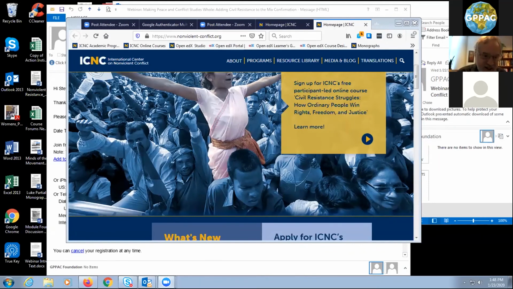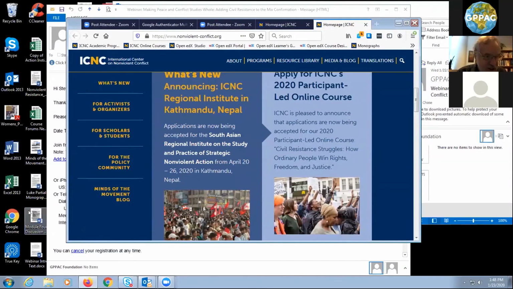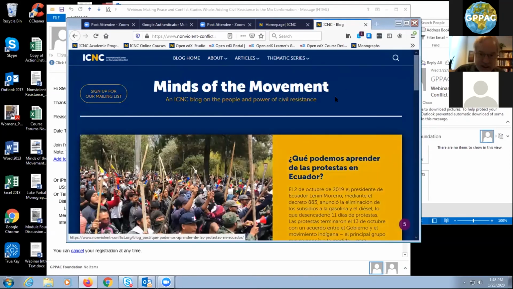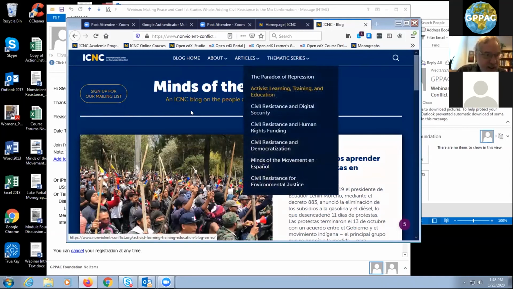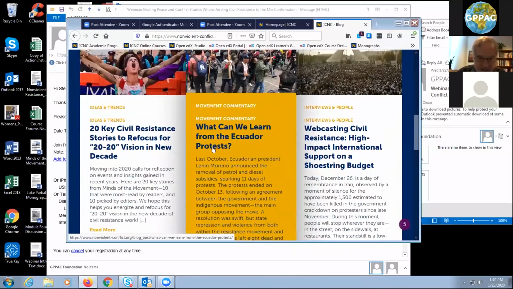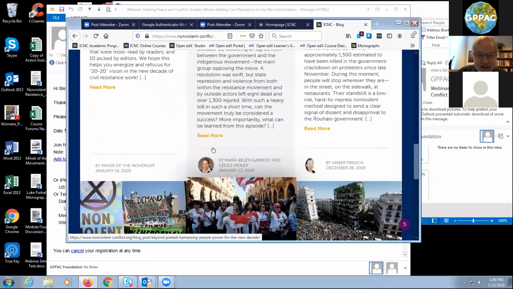Great. So this is our home page, and there's various kinds of information. You can click here if you're scholars and students, but we have information curated for the policy community, for activists and organizers, and you can get right here, you can go to the Minds of the Movement blog. And so this is the blog here, and there's always the lead story, and then there's the most recent stories behind this.